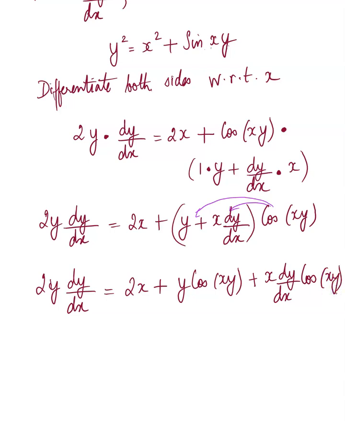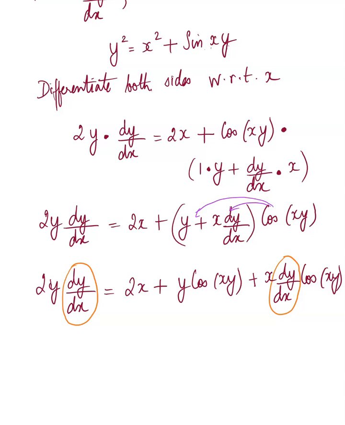Are you with me on this? So we'll use the distribution there. Now our focus is on the terms that contain dy over dx. So let me just maybe circle the dy over dx terms. These are the only two terms that contain the dy over dx, right? So I'm going to collect them all on one side, and I prefer to collect them on the left side.